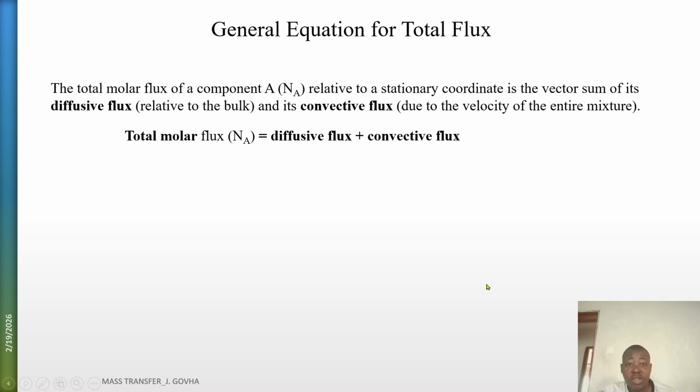flow. Right. So the general equation for the total flux, we are developing this relative to a stationary coordinate, and is the vector sum of its diffusive flux relative to the bulk and its convective flux due to the velocity of the entire mixture.